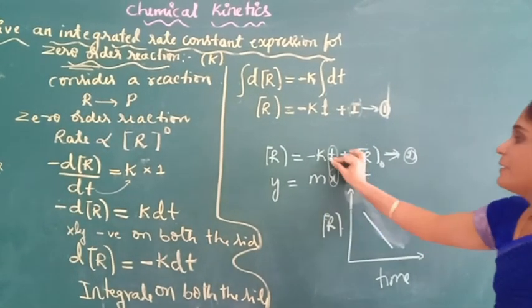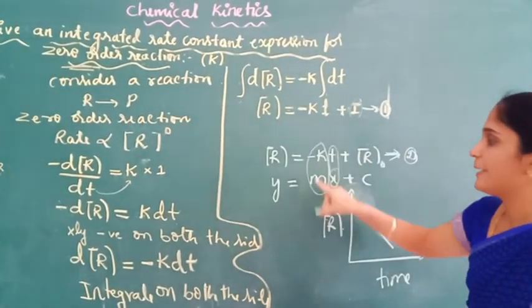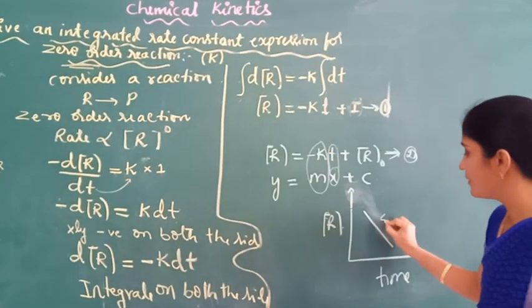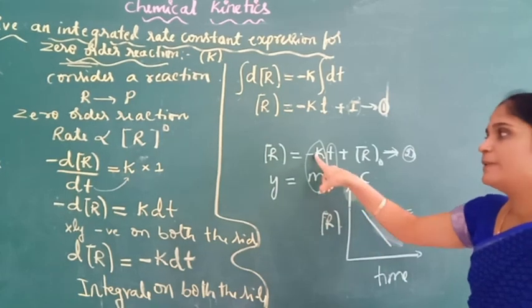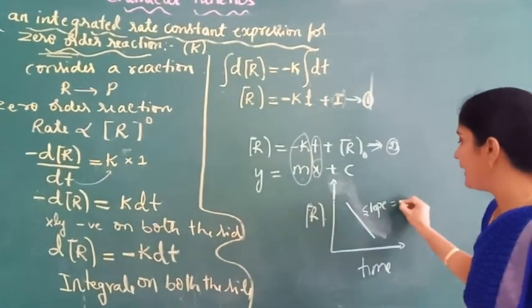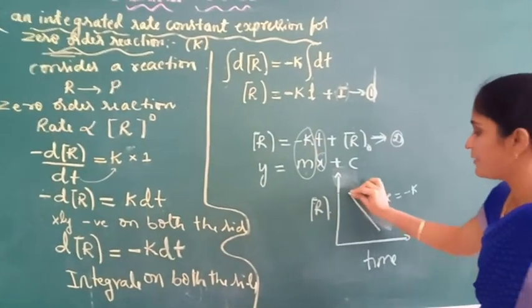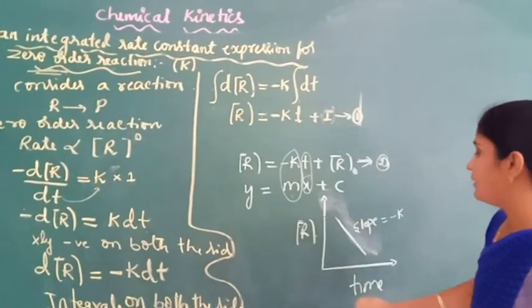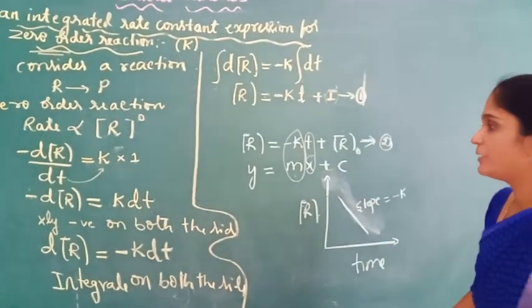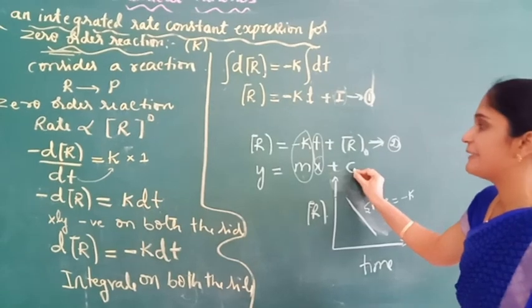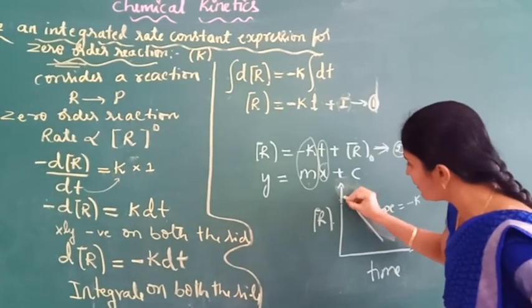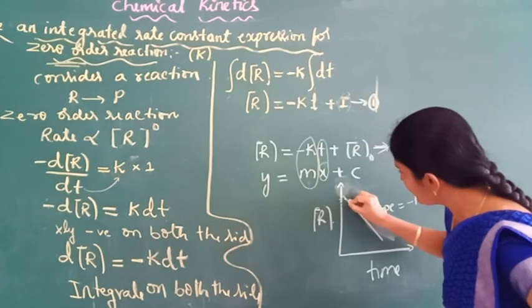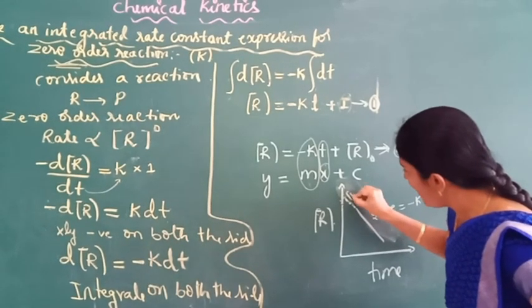So here, where m is the slope, so slope equals minus k. Here negative slope, therefore as the time increases, concentration decreases, and here C is the intercept, so the value of intercept is R naught.